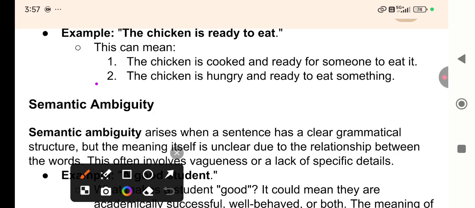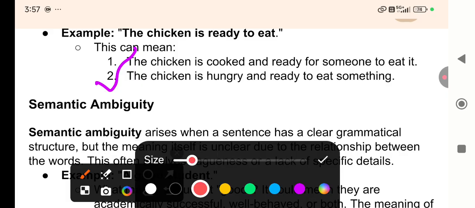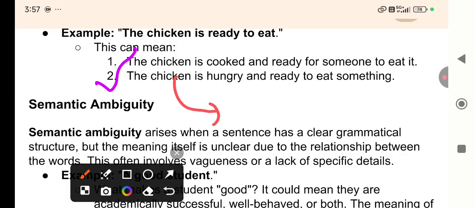That is one interpretation. Number two is the live chicken, the chicken who is alive and hungry and ready to eat something.